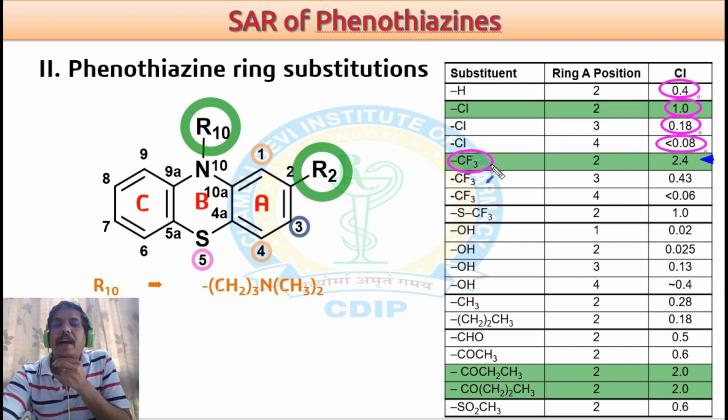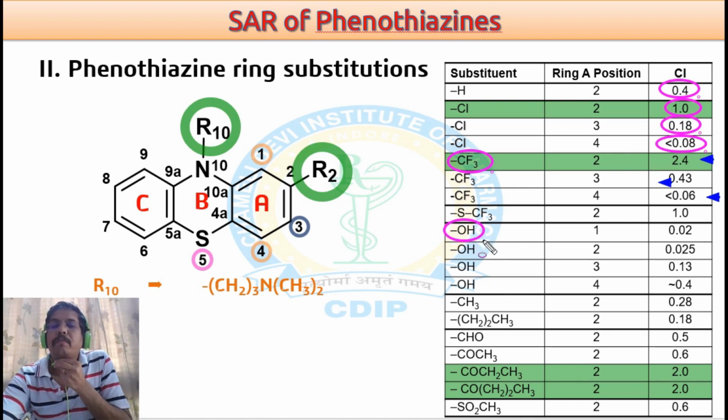And if again these features are retained but the position is changed, like if we shift 2 to 3 position or 2 to 4 position, then again activity decreases.